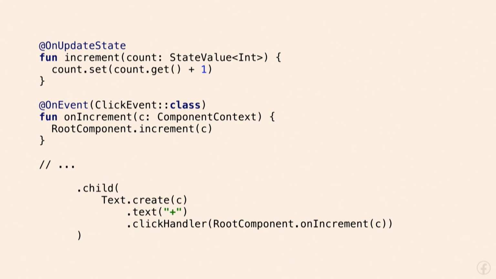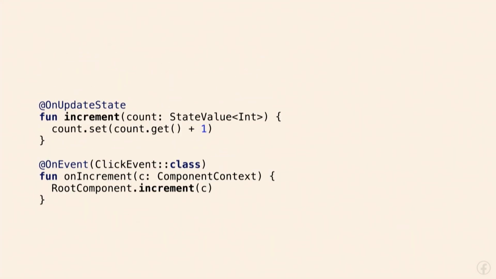But one thing to notice is that we are not passing the actual state as a parameter here. You can see that the only parameter that is passed is this c, the component context, because state is handled inside the framework itself. Also, we have the same name for the state update method as we declared it, even though we don't call this specific method annotated with OnUpdateState.